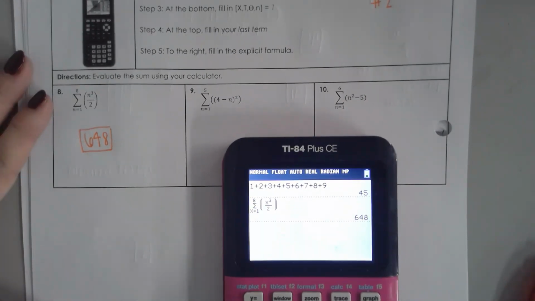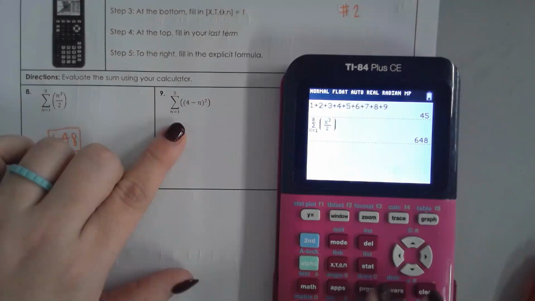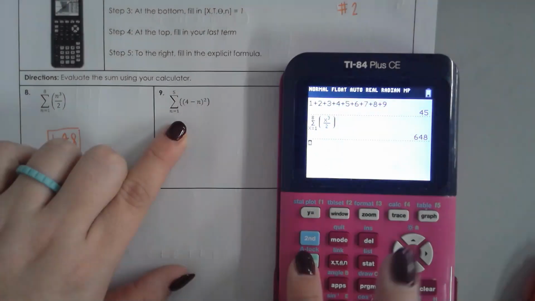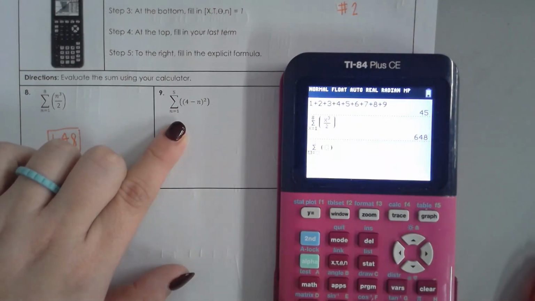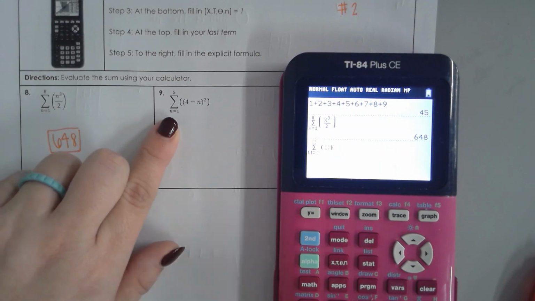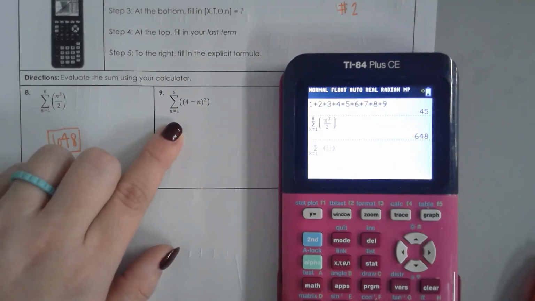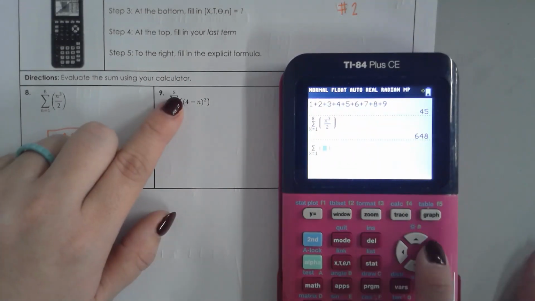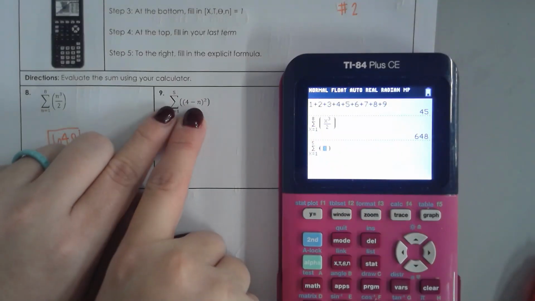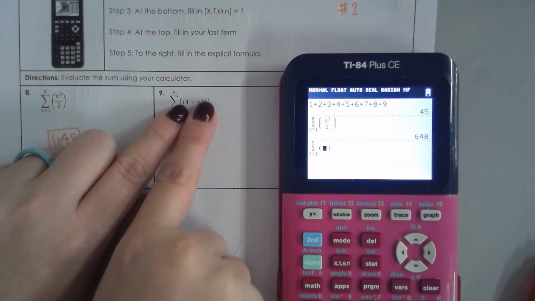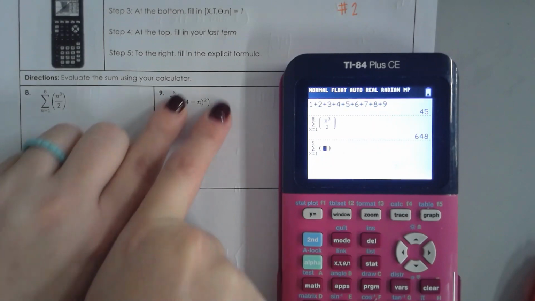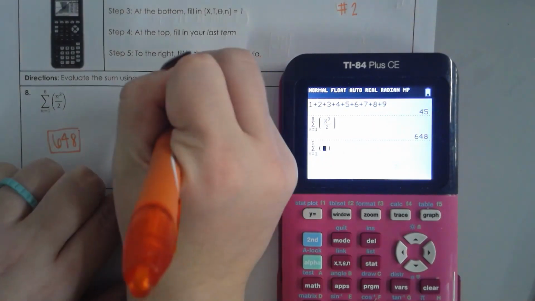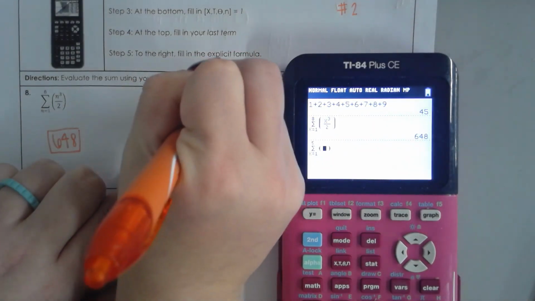So number 9, going to type x equals 1 up through 5. And so I have this 4 minus n squared. Notice all of that is still inside of those parentheses right there.